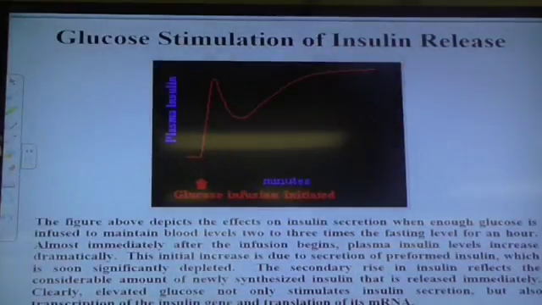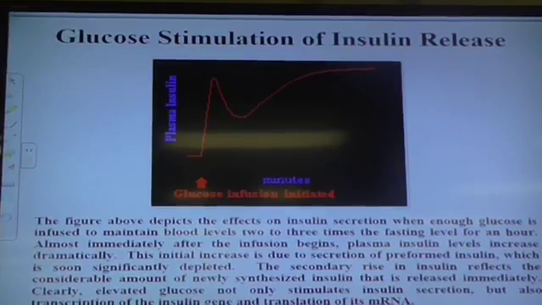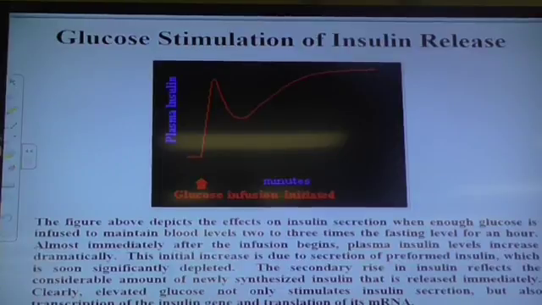Okay. Now, as far as the glucose secretion of insulin, if you look at the graph right here, you can see you're starting out when glucose infusion is initiated. It can be by IV or it could be eating. And notice the glucose spiked, and what did it do? It decreased relatively rapidly, didn't it?